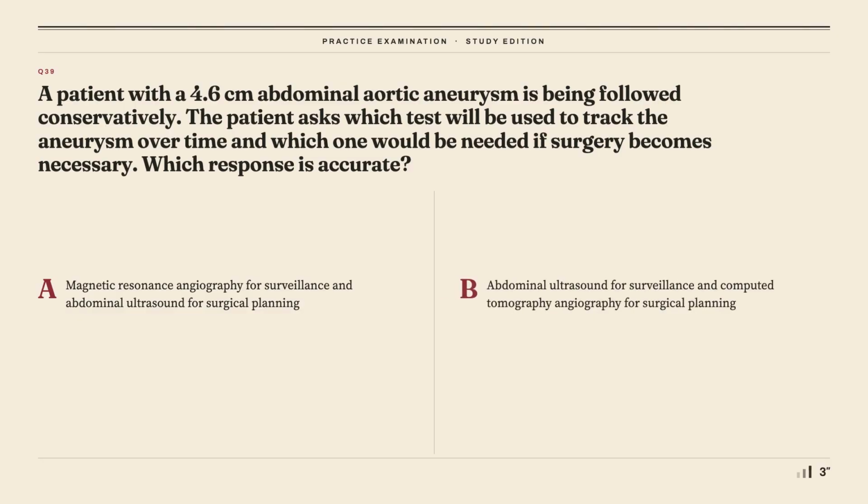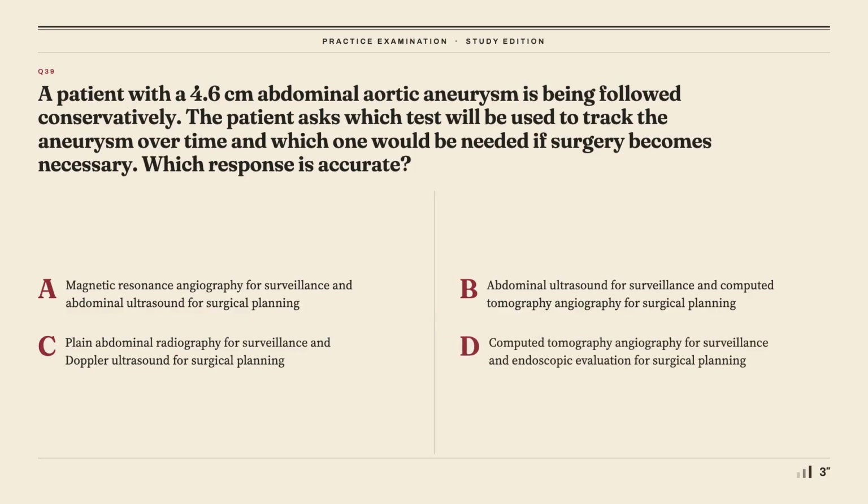B. Abdominal ultrasound for surveillance and computed tomography angiography for surgical planning. C. Plain abdominal radiography for surveillance and Doppler ultrasound for surgical planning. D. Computed tomography angiography for surveillance and endoscopic evaluation for surgical planning. Don't overthink it. Which one feels right?